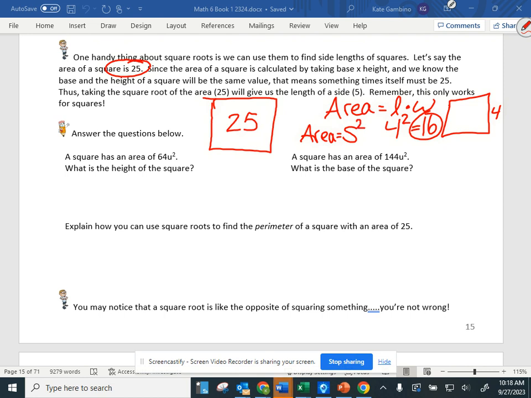We're multiplying that side by itself. So if they give us the area, what do we have to do, Connor? What do we call that number? We have to find the square root of that area. And it's going to tell us what the side is. So what is our side length for a square that has an area of 25?